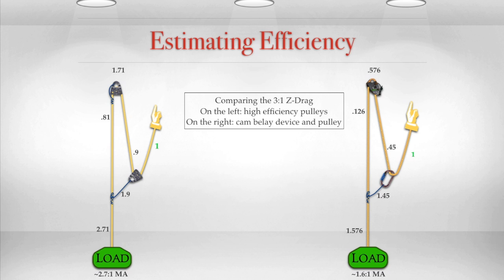So oddly enough, we actually see people teaching and companies selling kits that say that their system creates a 3 to 1, a 5 to 1, or whatever MA system that they're talking about, yet they use descent devices or belay devices as their progressive captures in those systems, which is really kind of the opposite of what you want, right? In haul systems, we want to decrease the friction every chance we get, and lowering it's awesome.